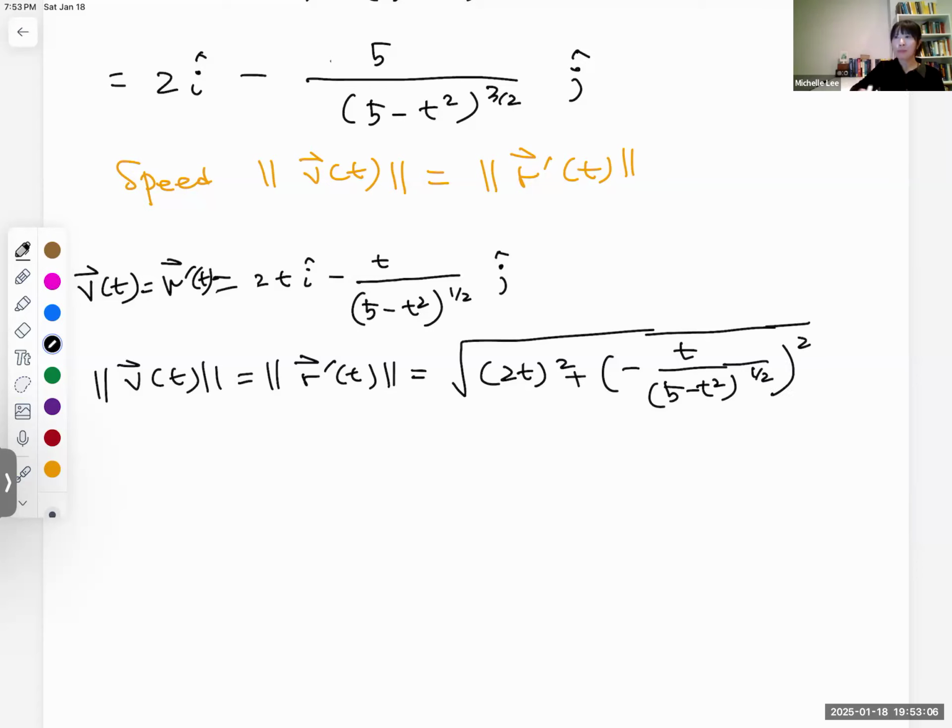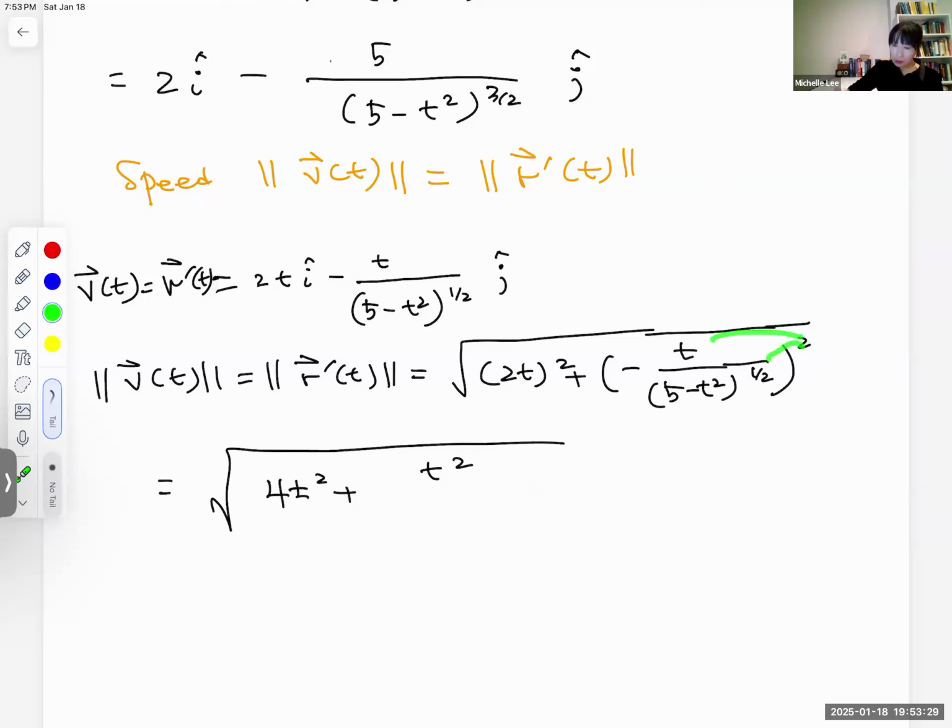Square them. So that will be the square root of 4t squared plus t squared, distribute the power.